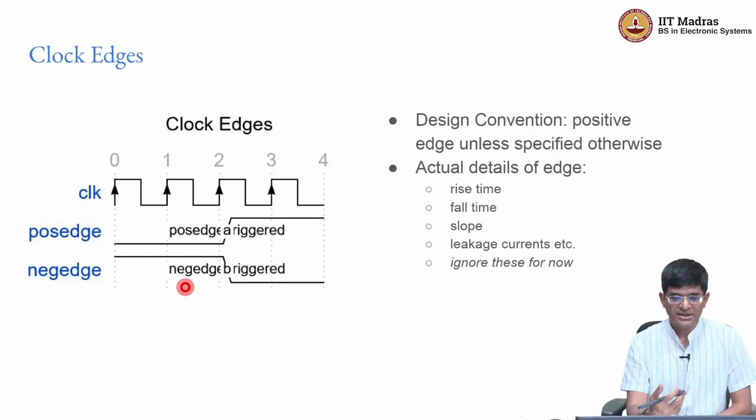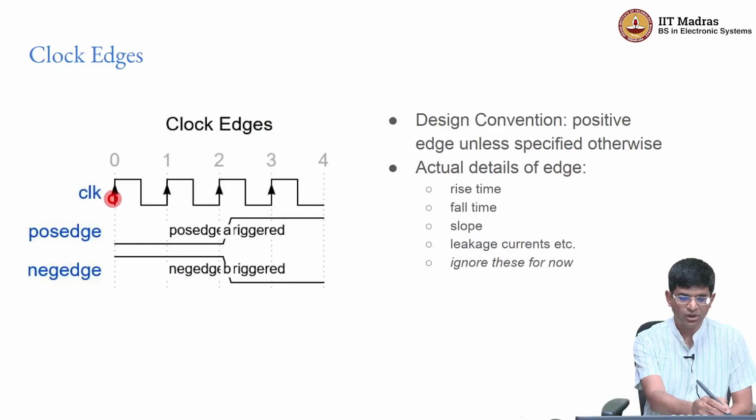So, clock edges. I already mentioned the notion of an edge in a clock, and this is typically how clocks are represented in a timing diagram. We have a signal that goes from 0 to 1, high, and then again goes low, remains low for a while, once again goes high, and so on.